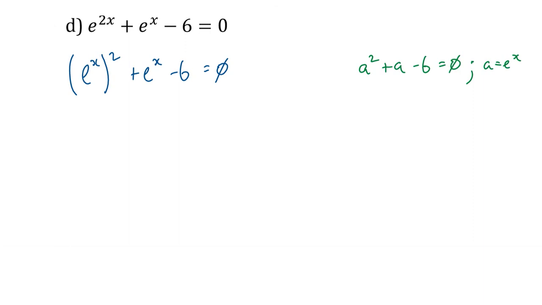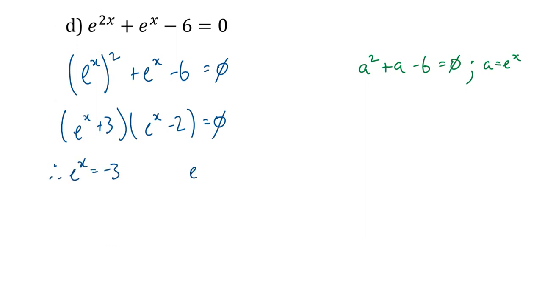And so now I can factor that, and it works out to e to the x plus 3 and e to the x minus 2 equals 0. Okay, so 3 times negative 2 is negative 6, and 3 minus 2 is positive 1. So therefore, e to the x equals negative 3, or e to the x equals 2.